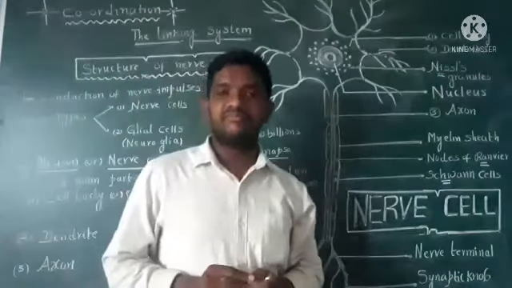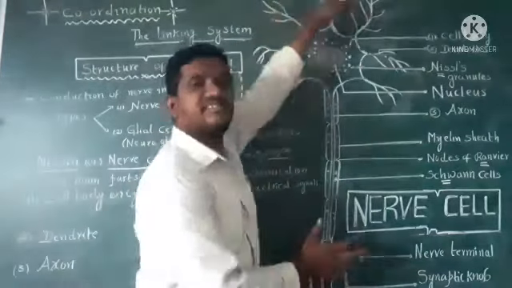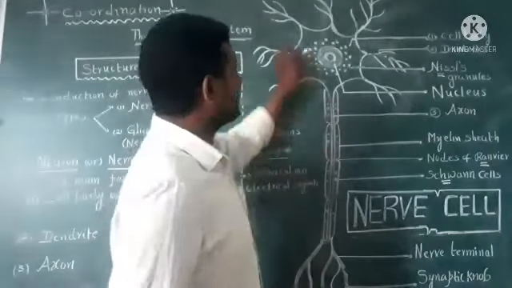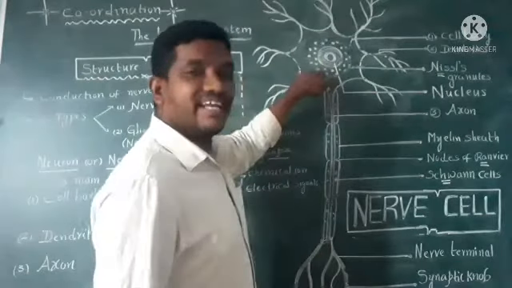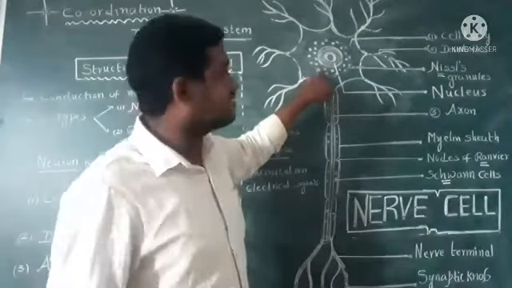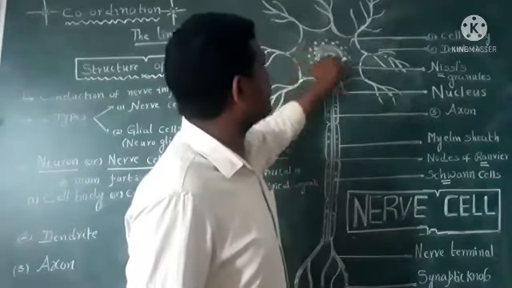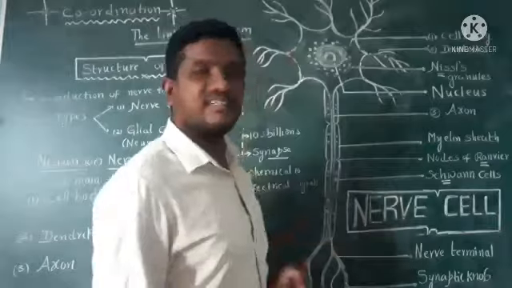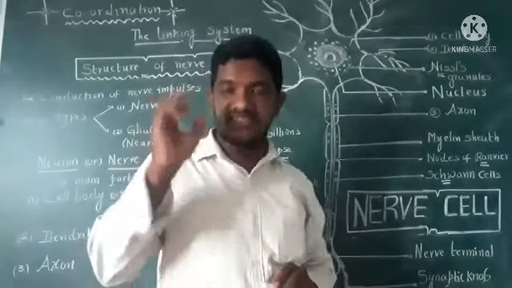Coming to the explanation. Each nerve cell has a cell body containing a prominent nucleus. At the center of the cell, one big nucleus is present.